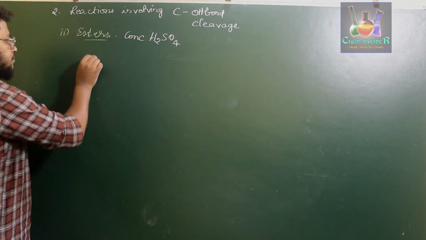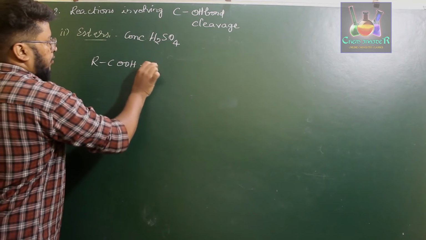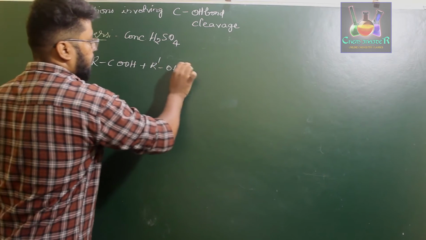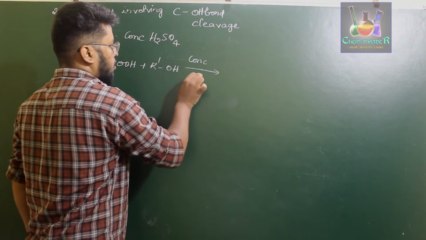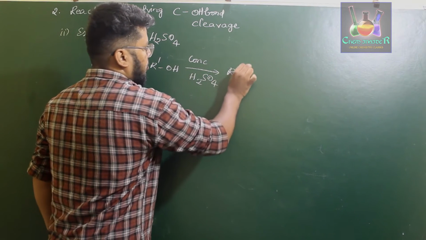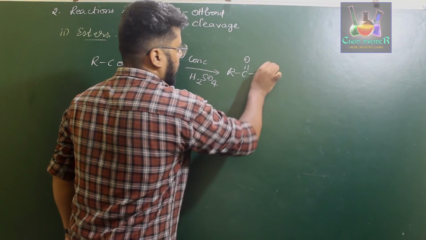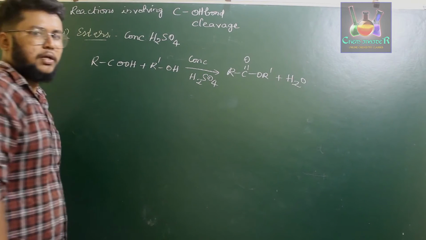So the reaction is RCOOH along with R prime OH in the presence of concentrated H2SO4 forms RC double bond O, OR prime along with a molecule of water. So this is the simple reaction.